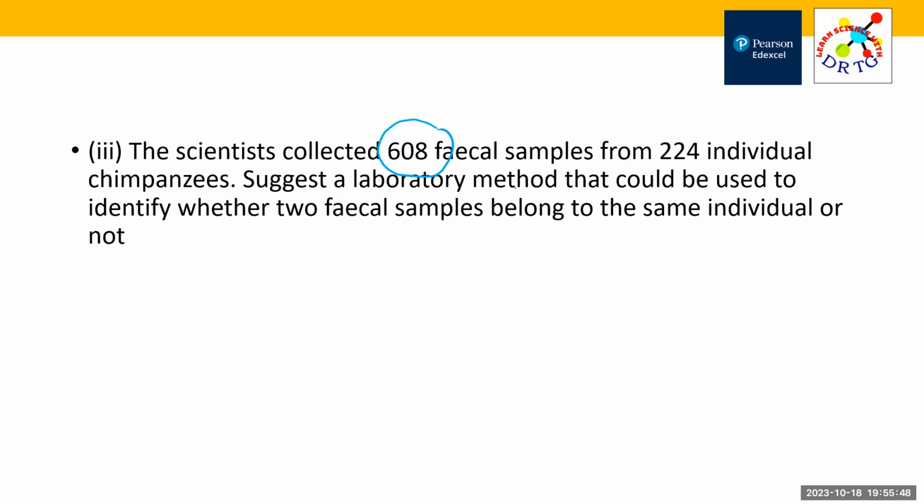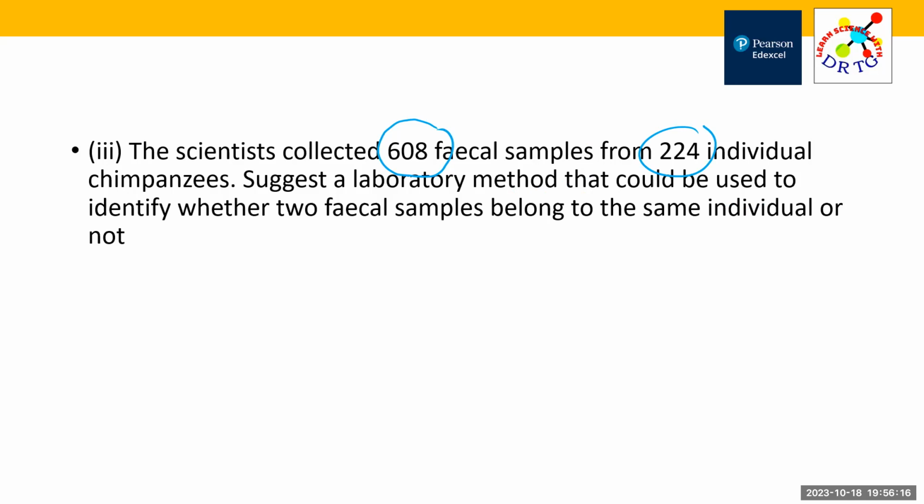But how do they know that these are 224 individuals? Gel electrophoresis. Yes, we learn it again and again. We can identify individual difference, species difference, and similar species by gel electrophoresis.